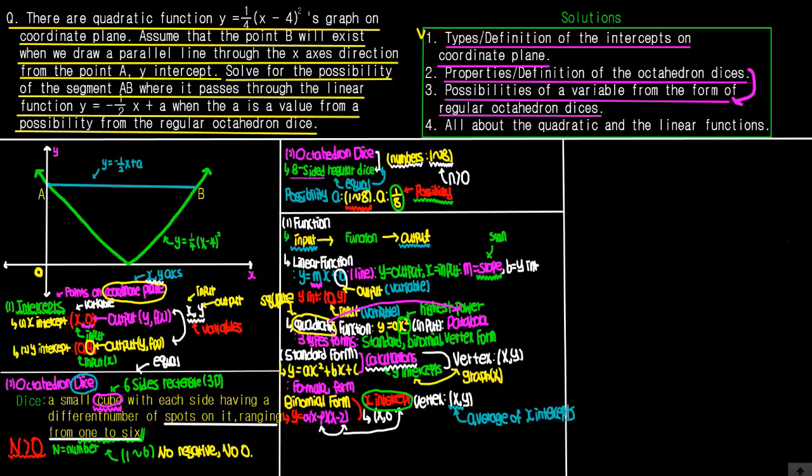Which means we know that the x value, which is the input of our vertex, is the same thing as the average. In order to solve for the x value, all we have to do is add our two x-intercepts and divide by 2. That is the same thing as solving for the average, known as the arithmetic mean.